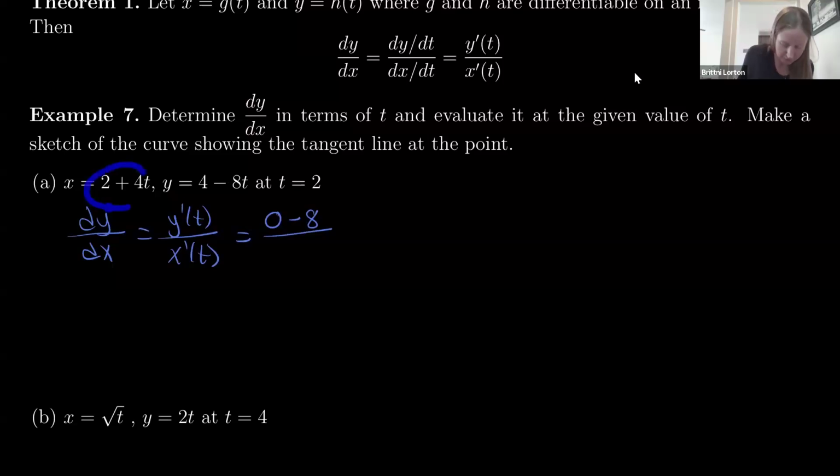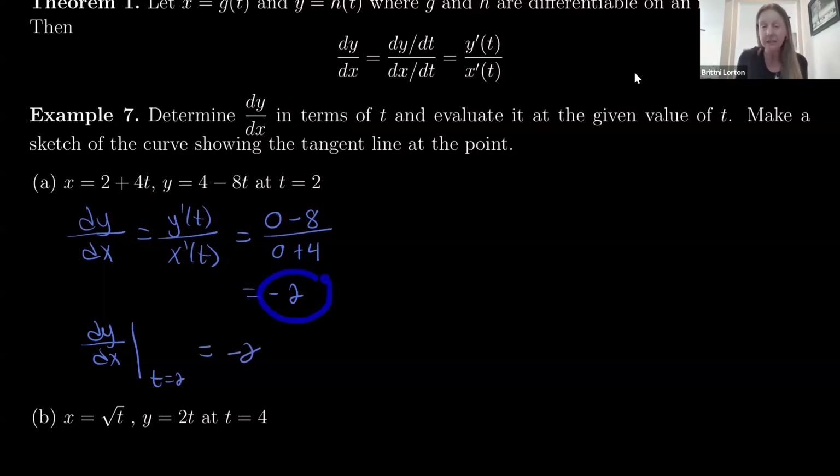And then I want the derivative of 2 plus 4t, which is 0 plus 4. All that work for negative 2. So the derivative evaluated at time equals 2 is still negative 2. Now, this one was just a constant derivative. Sometimes they're constant, sometimes they're not. If there was still a t left, I would plug in t equals 2.